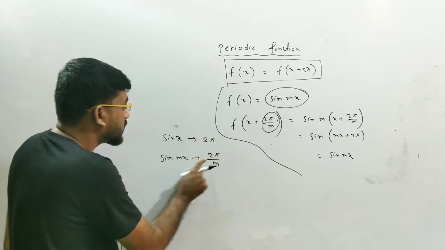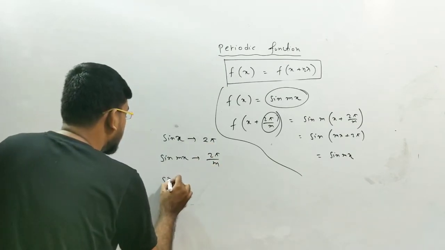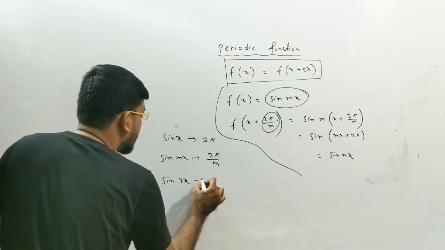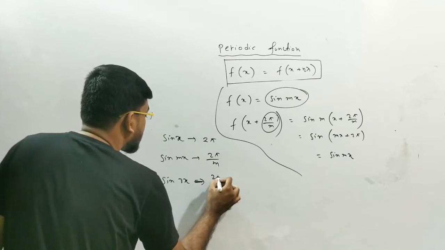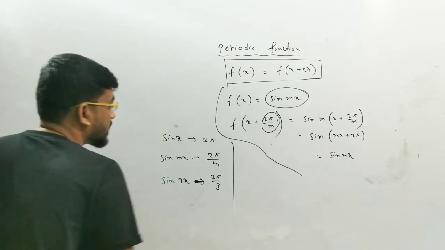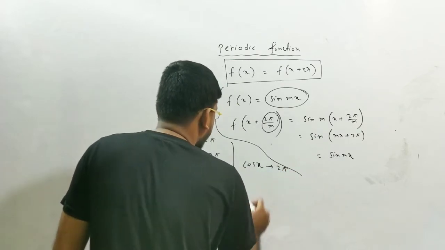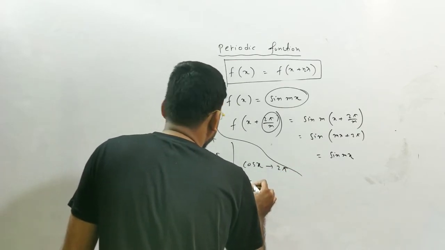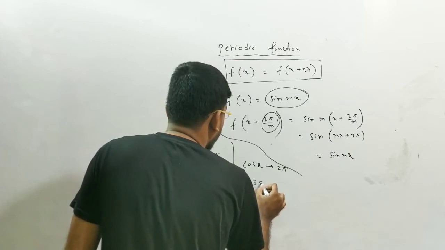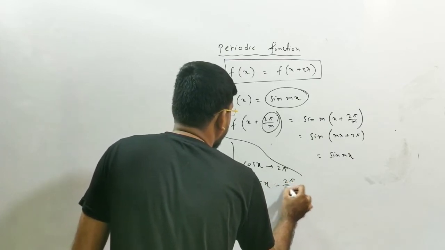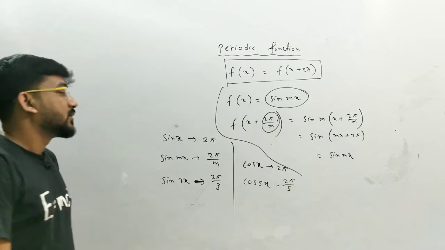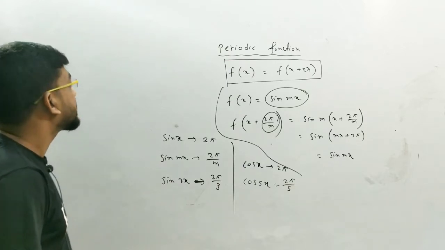Here you have m, so it will be 2 pi by m. Suppose if you have sin 3x, then the period will be 2 pi by 3. Similarly, if you have cos x, same result, your period will be 2 pi. If you have cos 5x, then your period will be 2 pi by 5. So this will arise here and there in Fourier series.